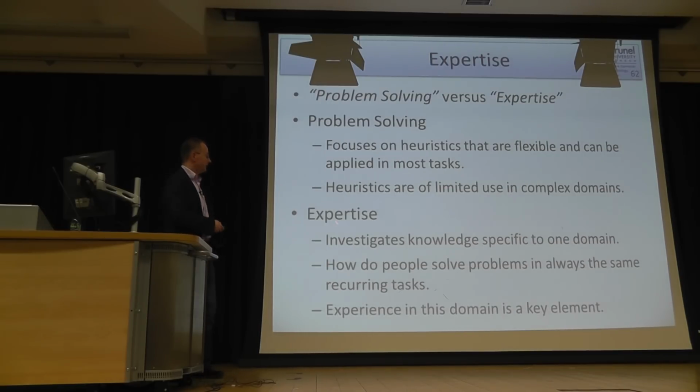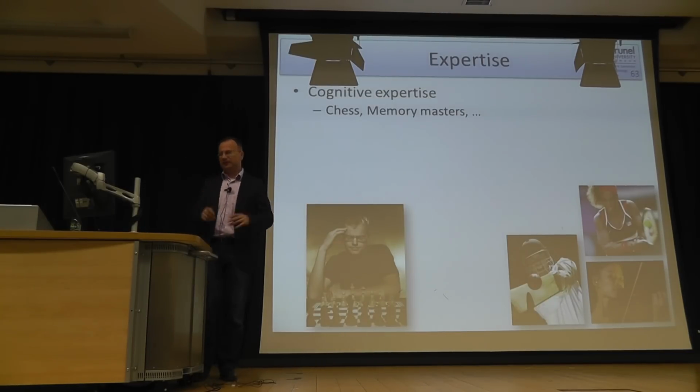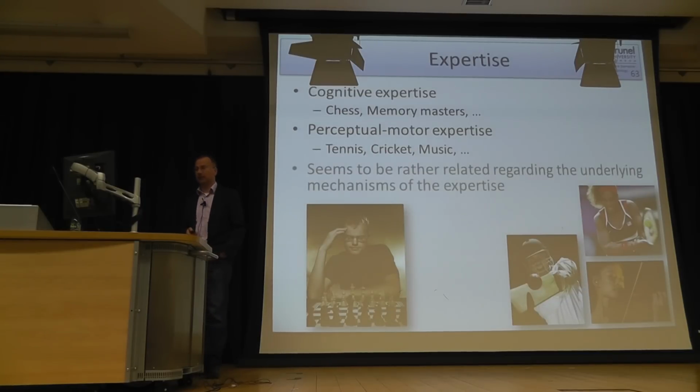So in expertise, it has been found that the experience in that domain where you are an expert in is a key element. There's a distinction which so far I haven't made clear. You can speak about cognitive expertise, an example would be chess or memory masters or things like that, and perceptual-motor expertise, like tennis or sports, but also music performance, professional musicians, things like that.